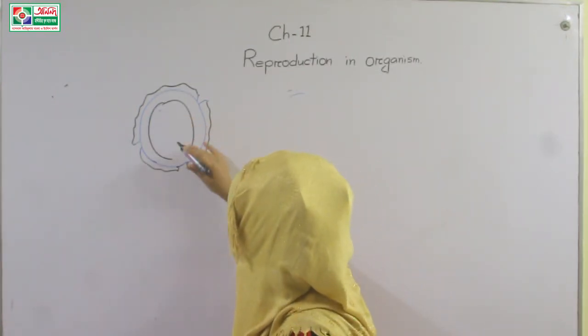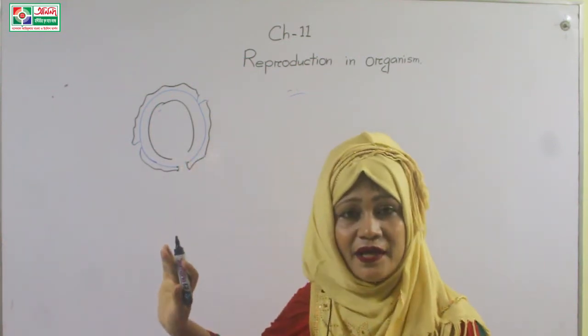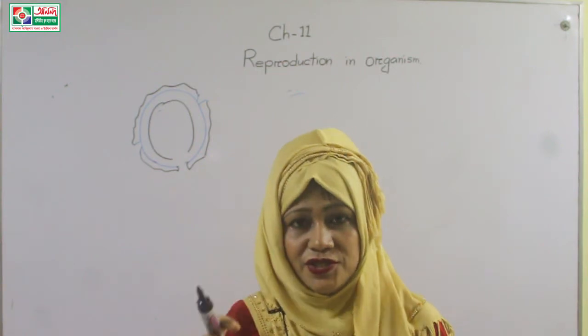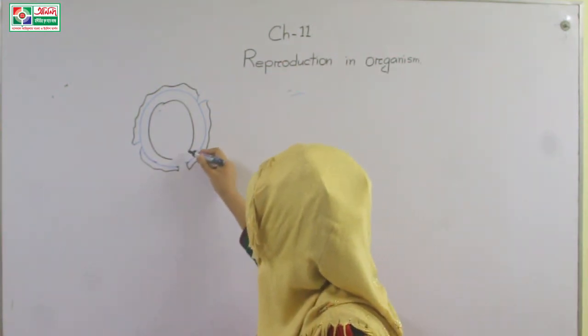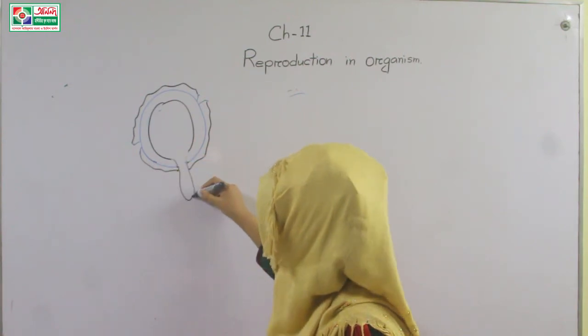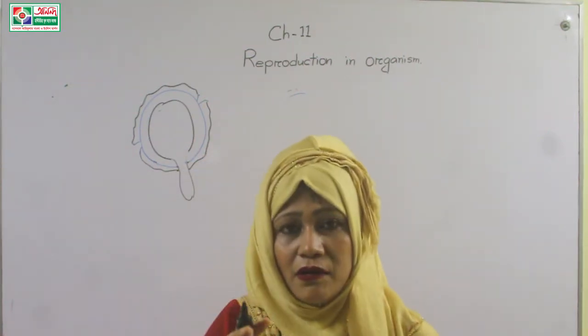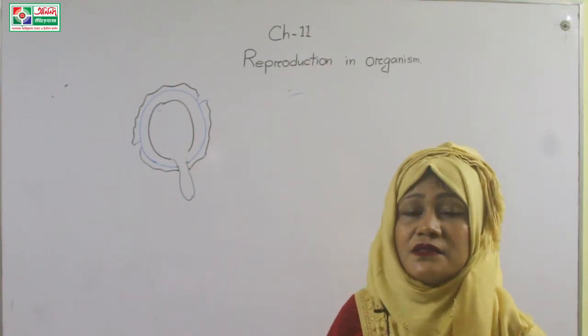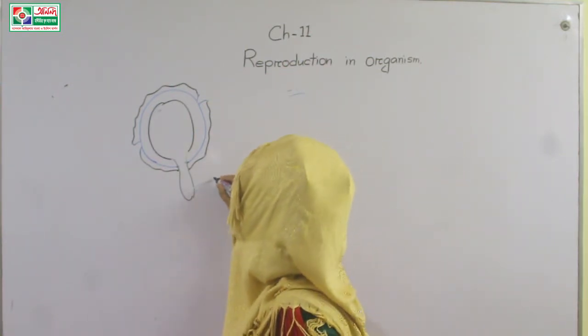So the cytoplasmic membrane, the generative cell and the vegetative cell come through this point, this aperture, and make a long hollow structure which is known as the pollen tube.